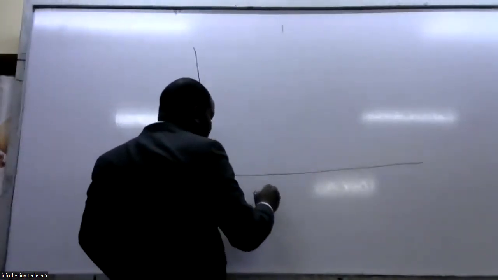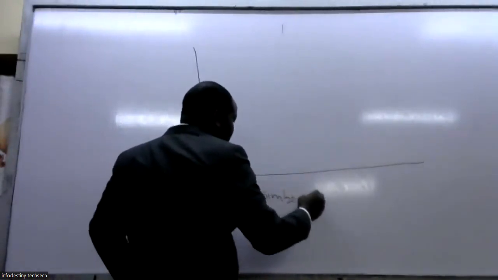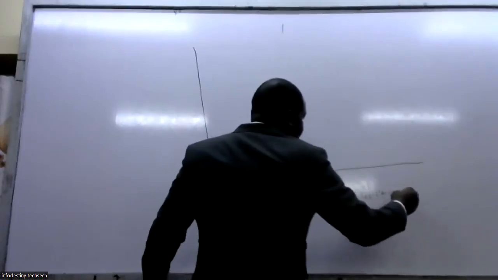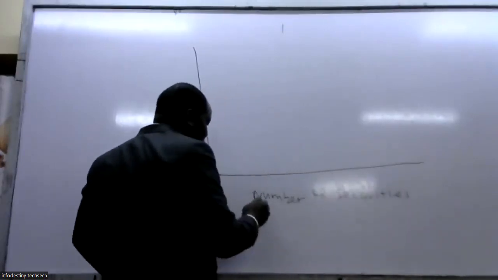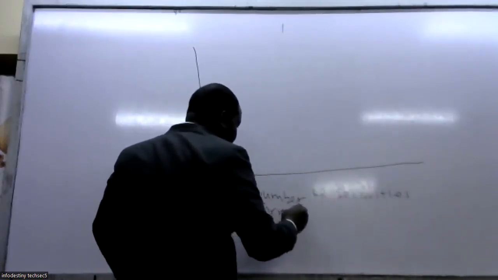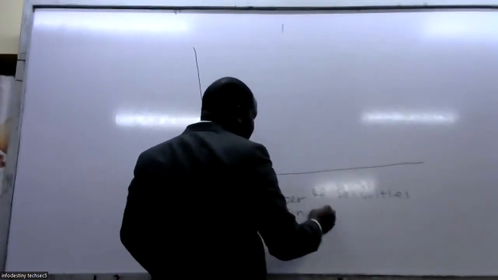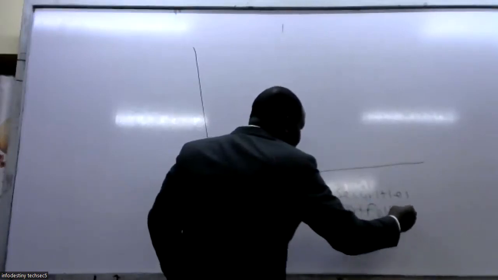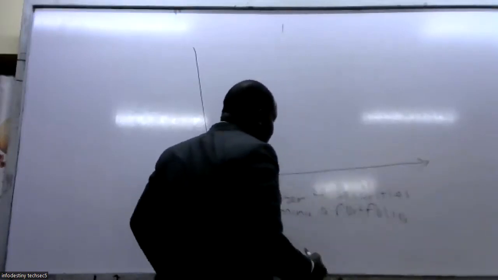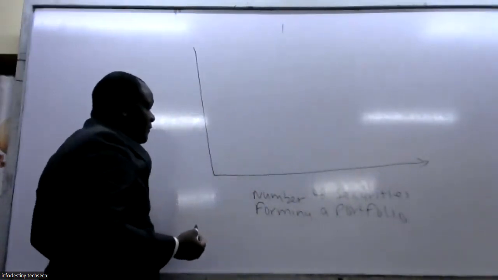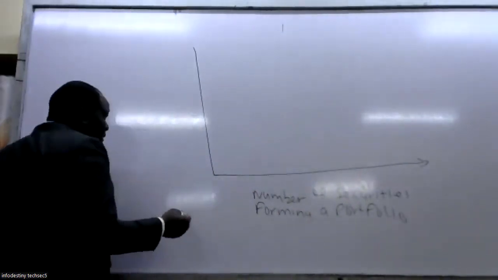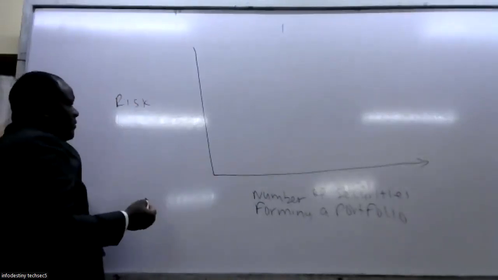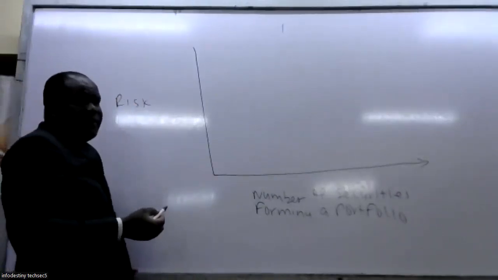So this one will be the number of securities forming the portfolio. Then this side, we are going to have the risk.